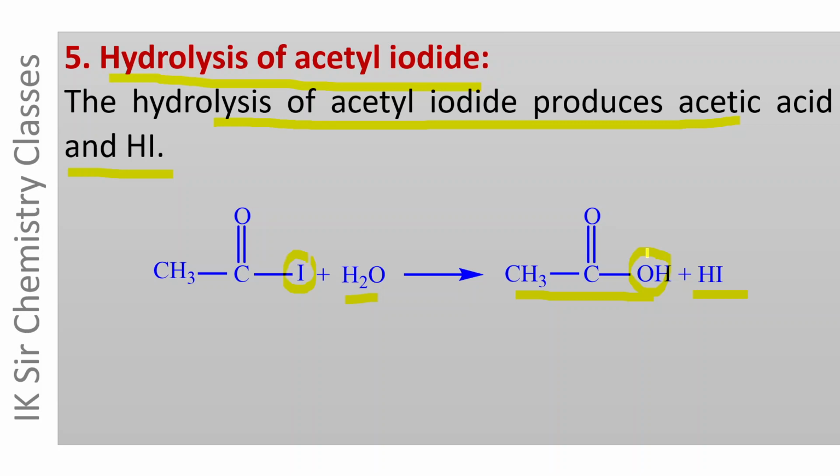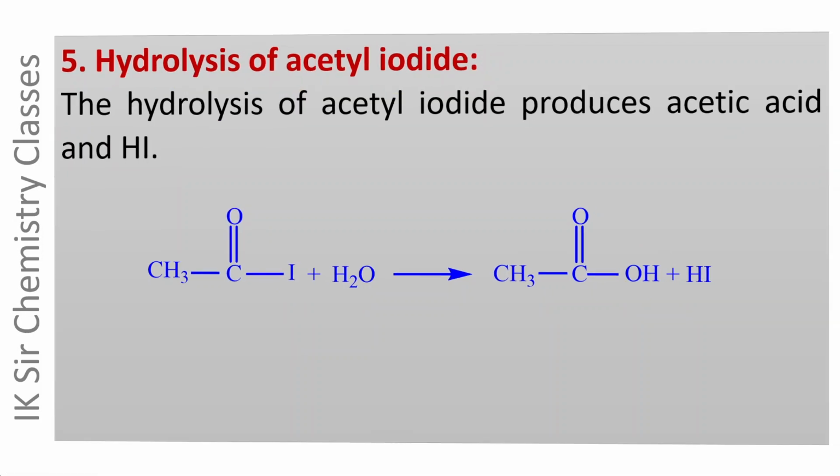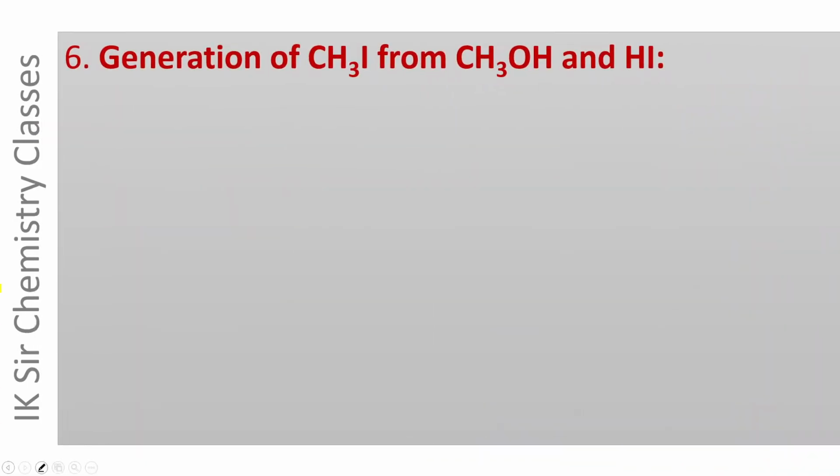And in actual practice, this reaction proceeds through an addition-elimination mechanism, and overall it is a nucleophilic substitution reaction. And in the final step, generation of methyl iodide from methanol and HI.